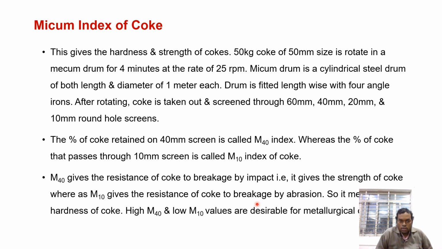So students, what we have studied today: first we studied what is carbonization, the definition of carbonization, and the types of carbonization, low temperature carbonization and high temperature carbonization, and the difference between them. Then we studied the strength of coke, the hardness of coke, and how we can measure them.